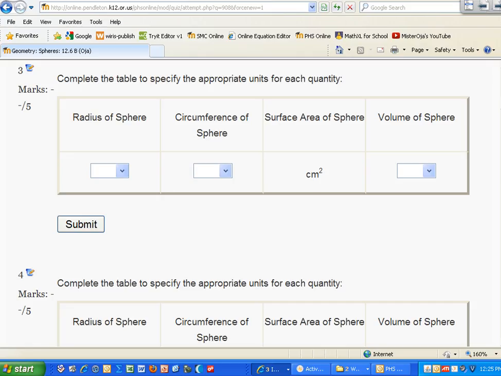Anytime we measure what we call a linear measurement, something we could measure with a tape measure, or with a string that we could wrap around things and then find its length, those we would measure in linear units. They'd be feet or inches or miles or meters or something like that, right?